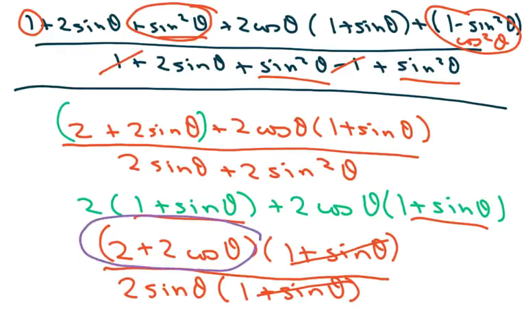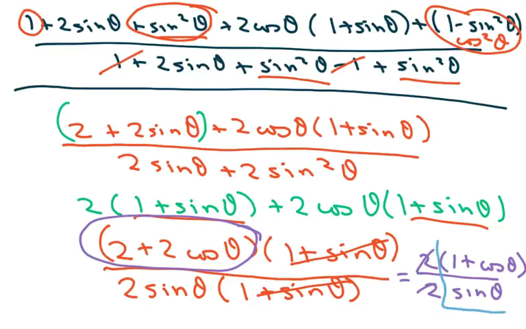So for this part, I'm going to factor out a 2, and I get 1 plus cosine of theta over 2 sine of theta. Now what happens is the 2's cancel, and we're left with our desired result, 1 plus cosine of theta over sine of theta.